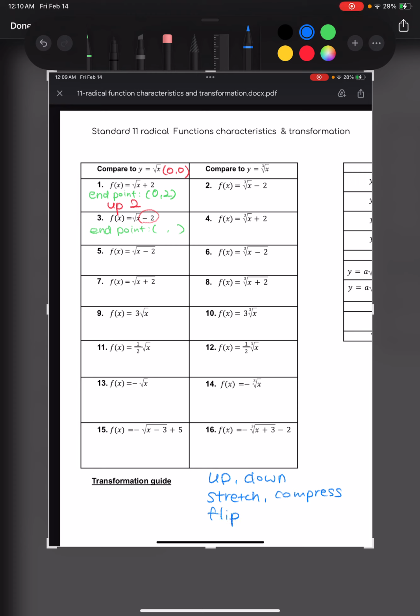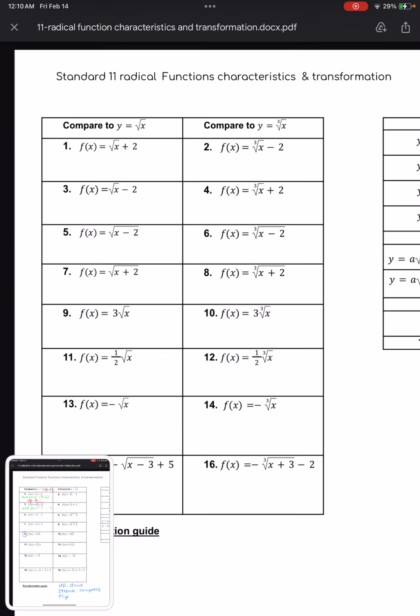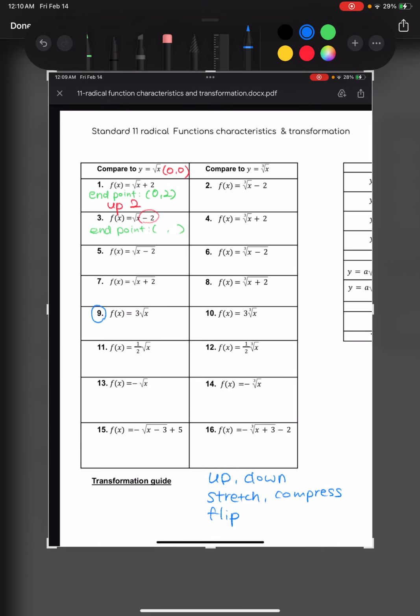These are the words that you're going to use. I'm going to jump down to number 9 and show you that, and then also number 11, and compare the difference between those two. Then I'm going to show you 13 as well, what happens when you have a negative. But you do it yourself and see for yourself.